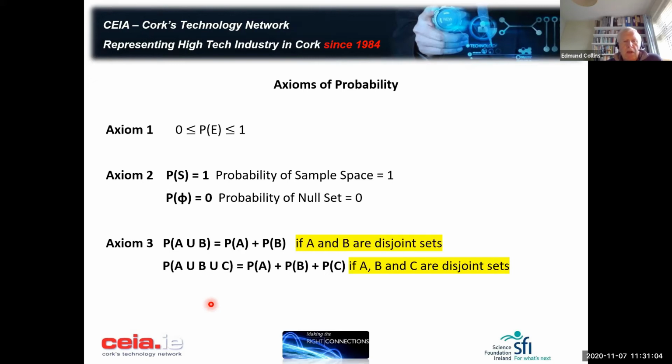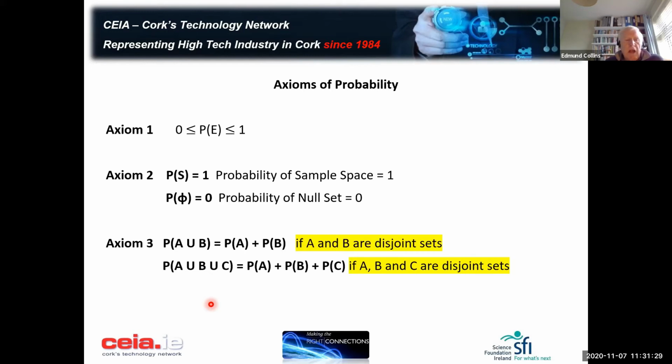The sample space is everything, so the probability of getting that is 1, you're sure you'll have everything. That's one part of that axiom. And then the probability of the null set is 0. So that's either end of the probability line.